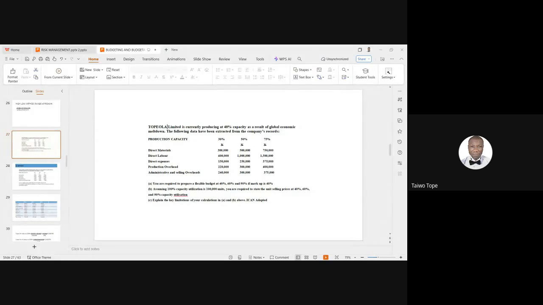Yes. So overhead costs, they are indirect costs. They are not costs that are traceable to the production process. So these overhead costs are costs that are incurred in the production process or in running a business that are not directly traceable to the outputs.